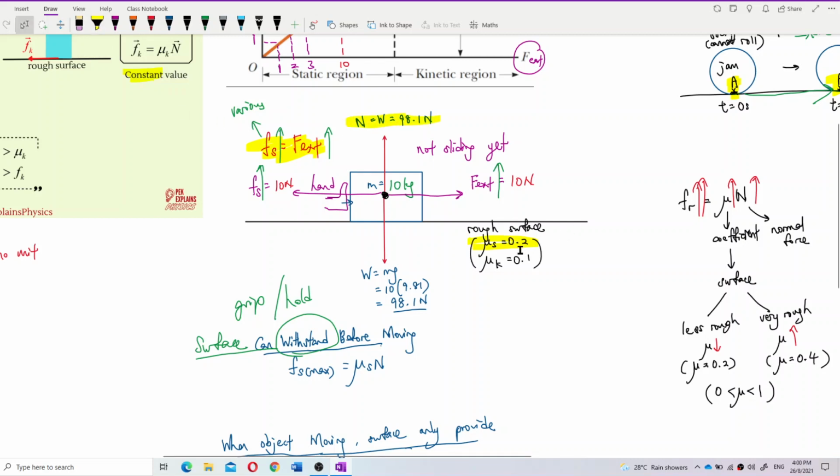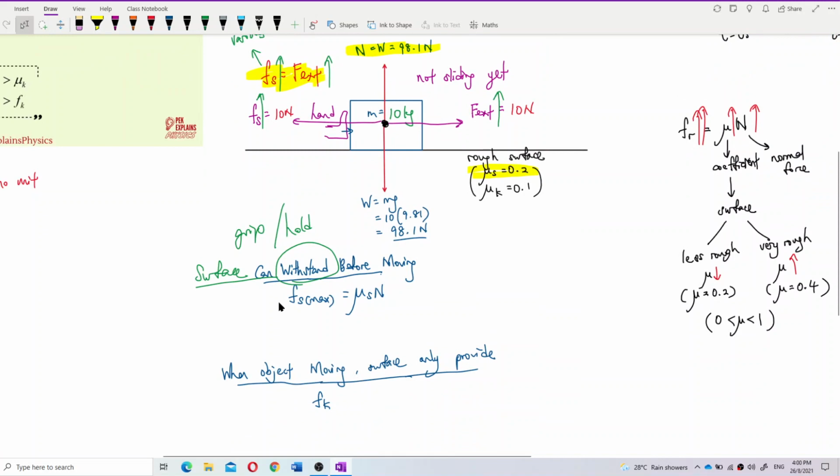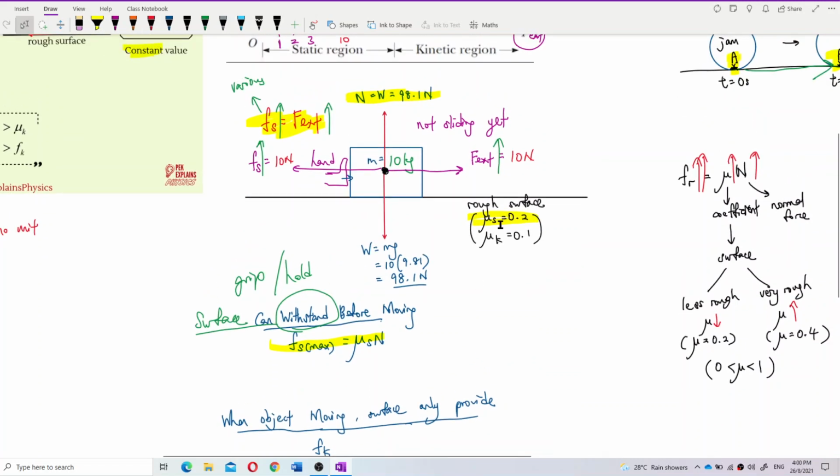So by using these two values, mu S and the normal force, we can calculate the maximum static friction before the crate starts moving. Let's calculate.